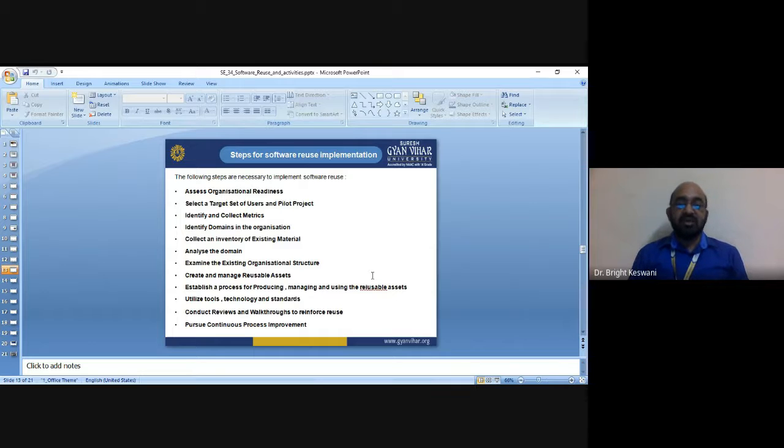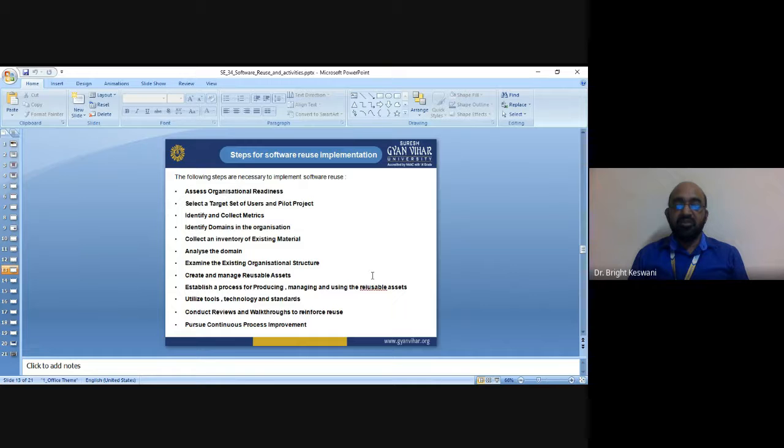In the next step, that is create and manage reusable assets. In this step, make, buy, or re-engineer existing assets for users. Bring these assets under a source control and configuration management system.